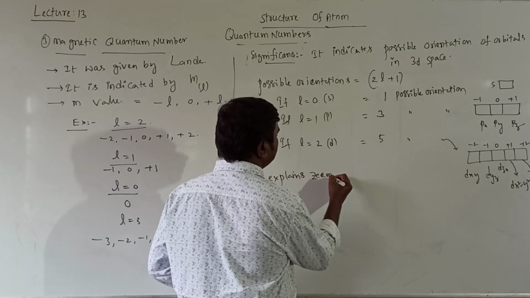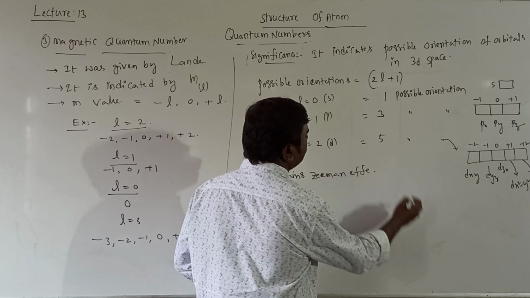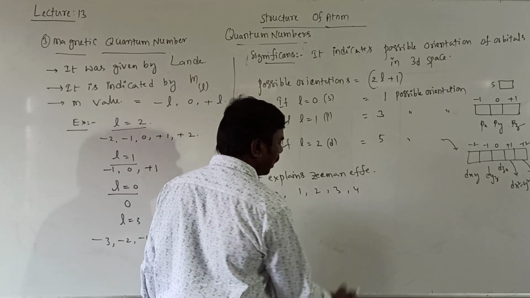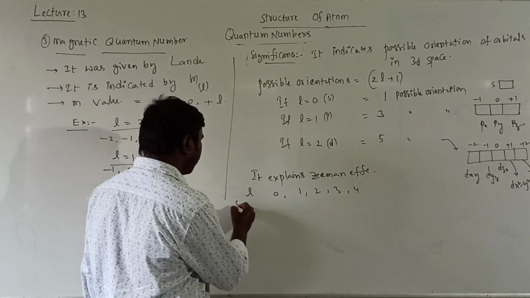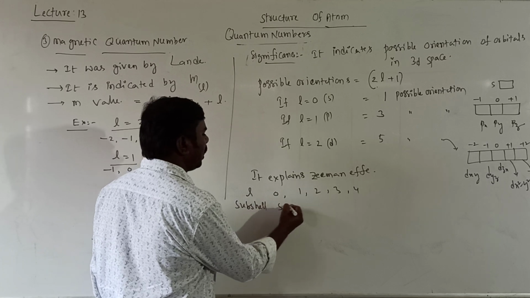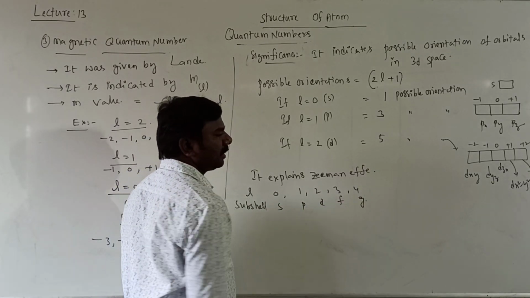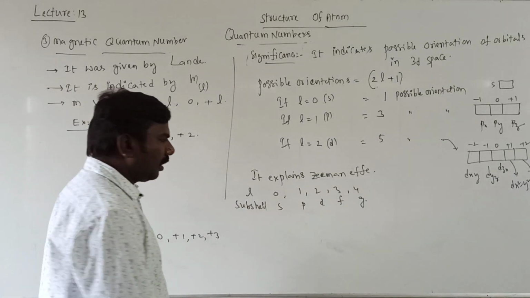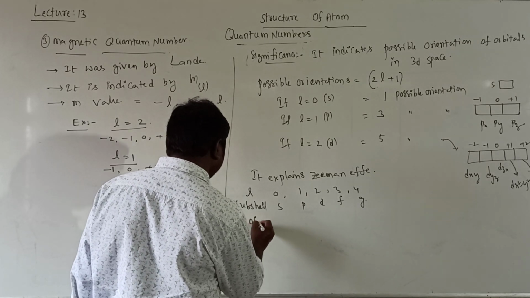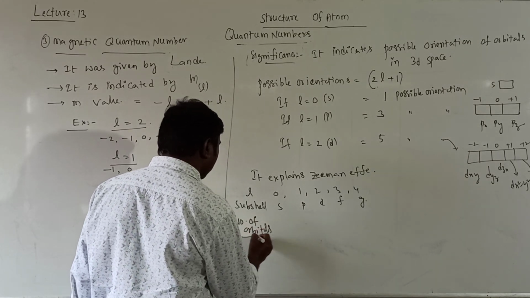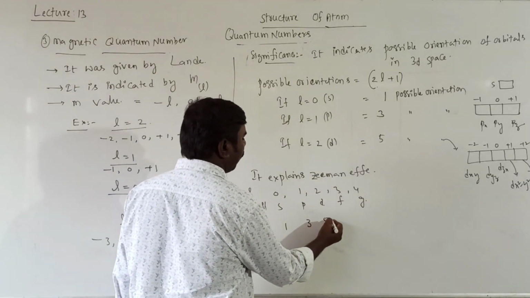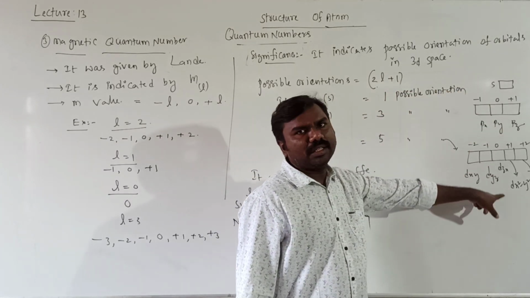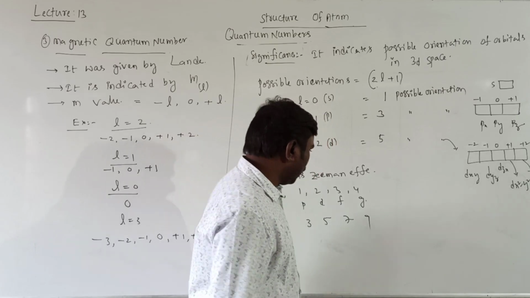Students, l value is 0, 1, 2, 3, 4, etc. Now, the subshells are S, P, D, F, G. Possible orientations, especially the number of orbitals, are 1, 3, 5, 7, 9.